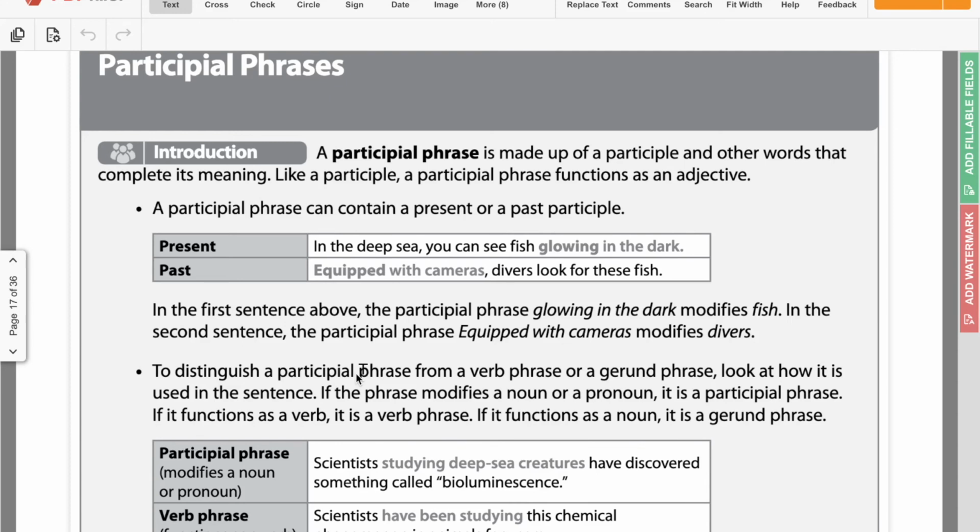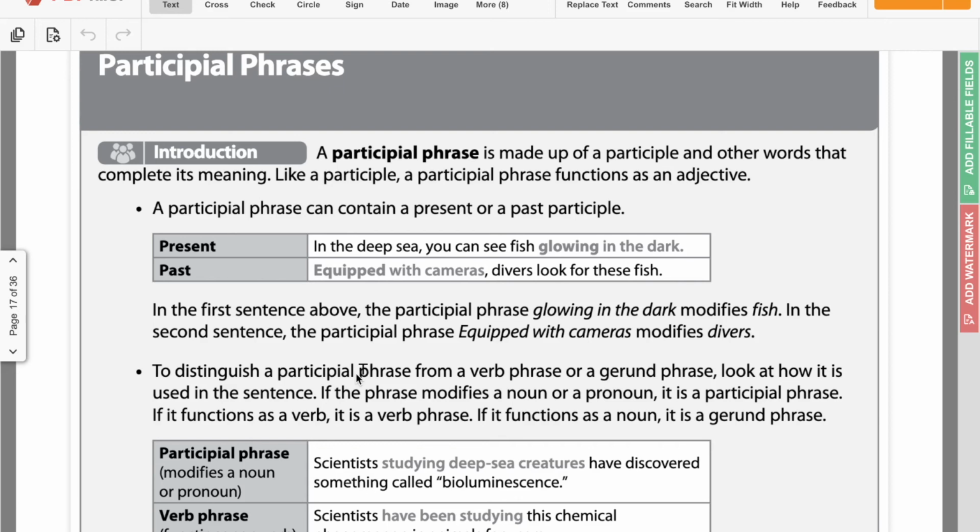It says a participle phrase can contain a present or past participle. So just like we talked about last time we were in our writing packet here, in the deep sea, you can see fish glowing in the dark. They're currently glowing. Glowing, if it's a present participle, will end with that ing.